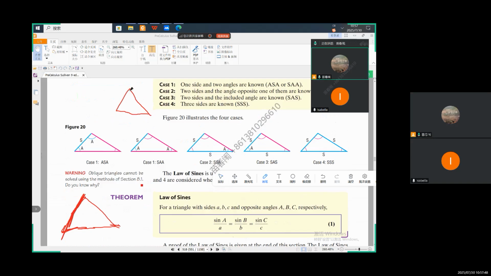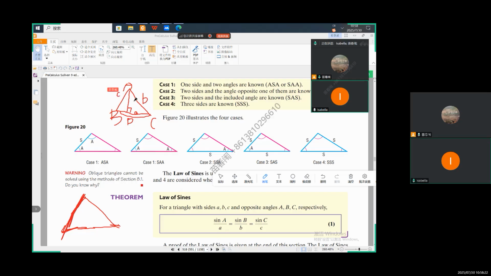Let's mark this as D, capital letter D. This entire side would be called A, this entire side would be called B, and the other side would be called C.